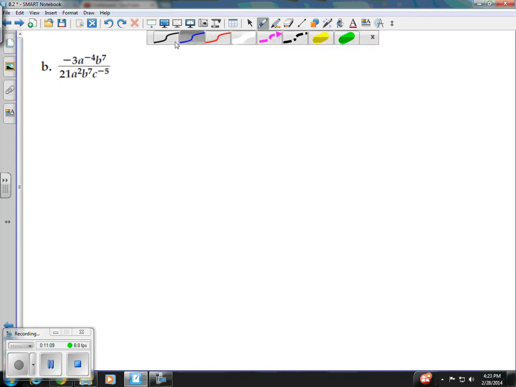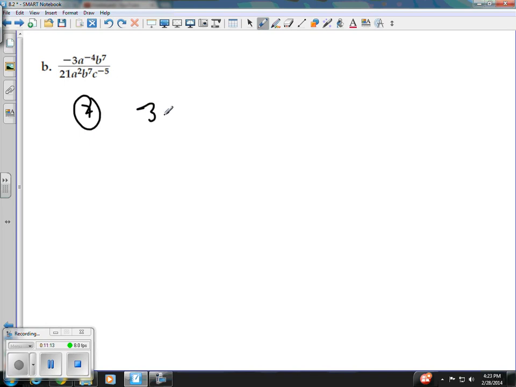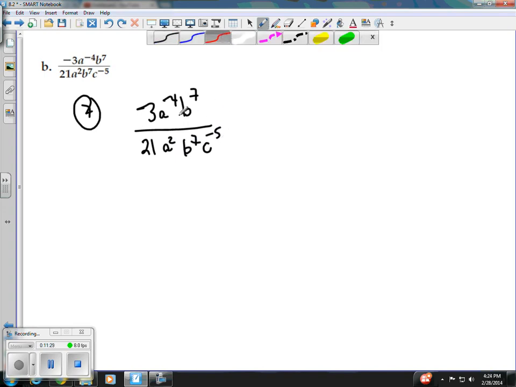Alright, and this is example 7. We have negative 3 a to the negative fourth, b to the seventh, over 21 a squared, b to the seventh, c to the negative fifth. Okay, that fraction bar tells us we're dividing.